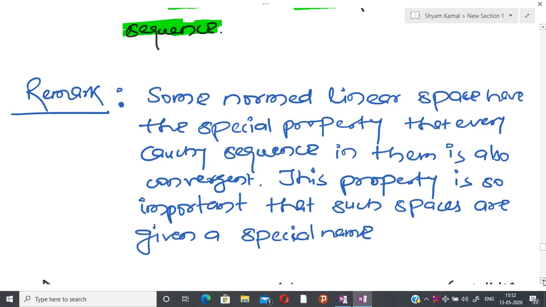Now, one obvious question one can ask is whether the converse is true or not. It means that if the elements of a sequence are getting closer and closer to each other, are they in fact getting closer and closer to a fixed element or not?